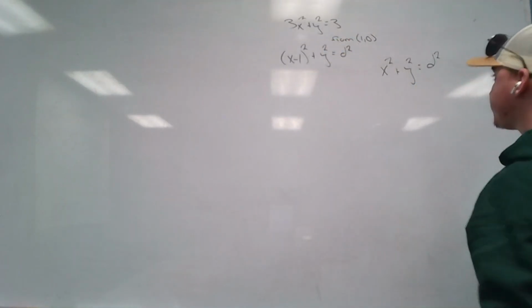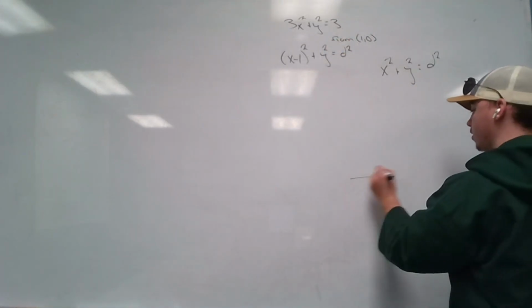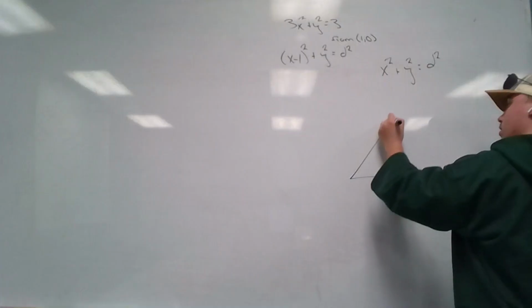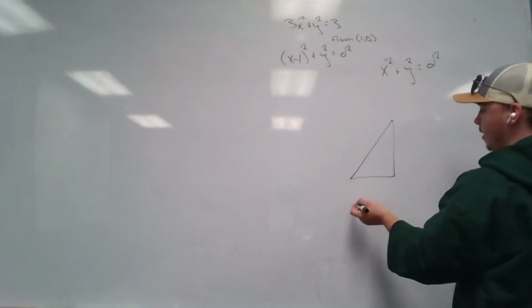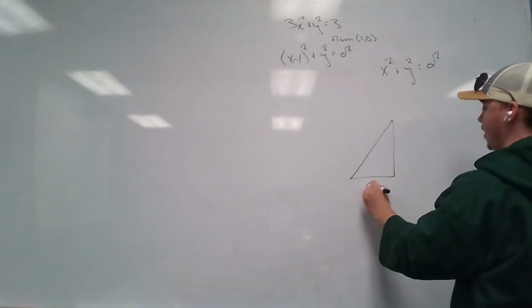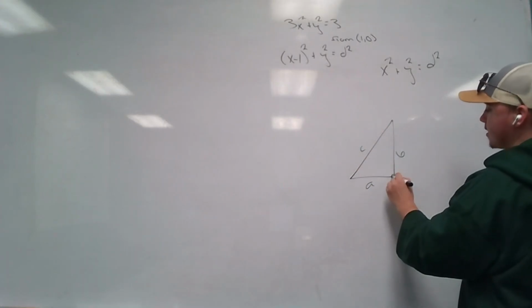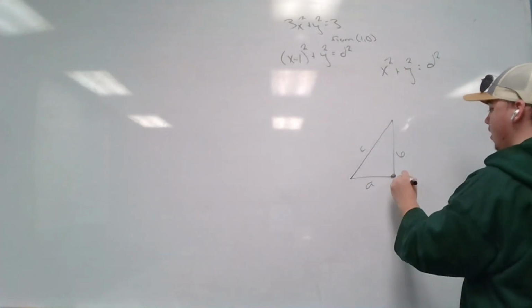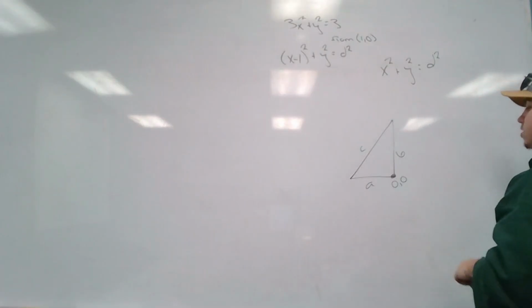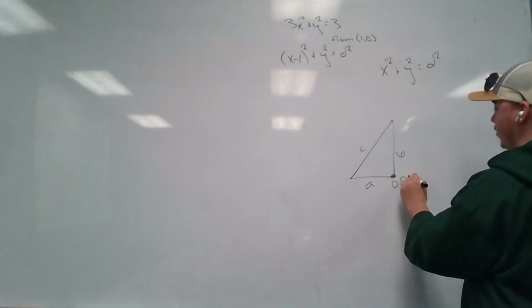Now, why is this? Because on a triangle, you're computing the Pythagorean theorem with a, b, and c, and we're pretending that this is (0, 0). However, the point that we are starting at is (1, 0).